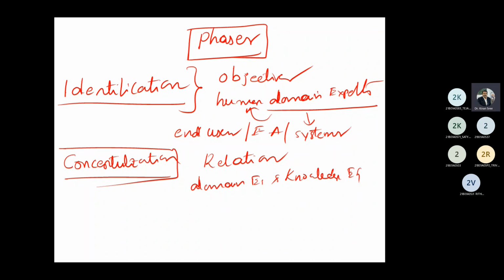And then how many people are there? You need to find out the cardinality or granularity of the particular problem. And then, most importantly, what problem solving technique is used, and so on and so forth. This is what I said in the earlier slide.